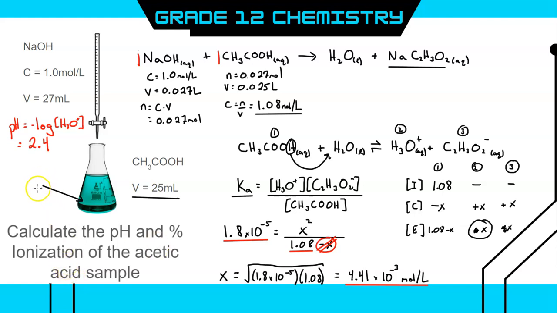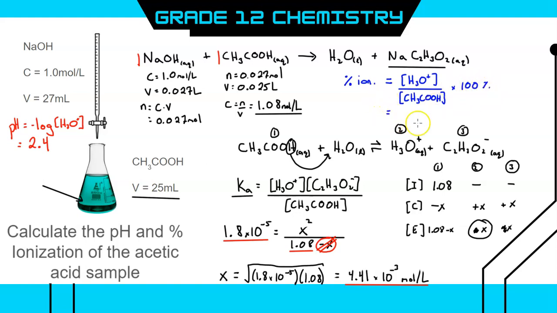All right, one more thing to do, and that's to figure out the percent ionization. So the percent ionization is going to equal how much hydronium ions we have, divided by our concentration for the molecular acid, in this case acetic acid, and then multiplied by 100%.